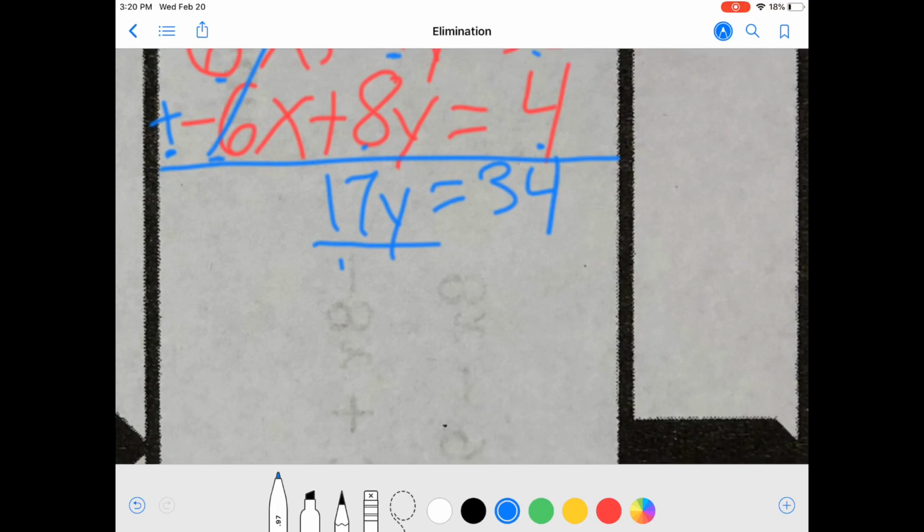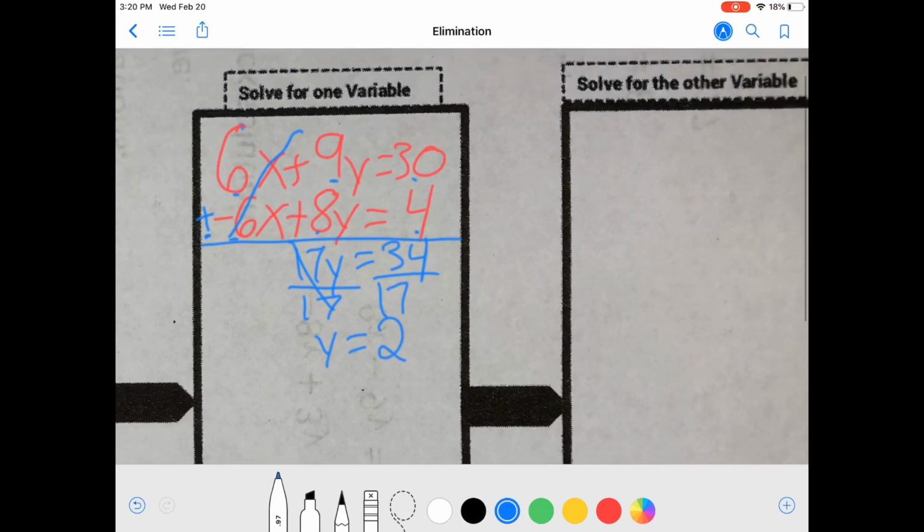And then 17y divided by 17, 34 divided by 17 is 2. So there is one of our variables. So we solved for one.